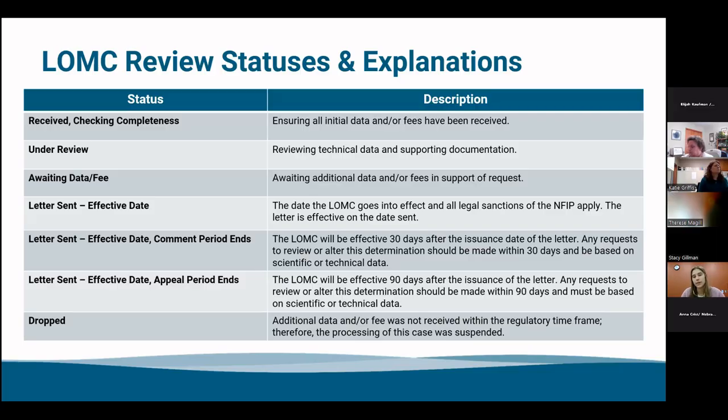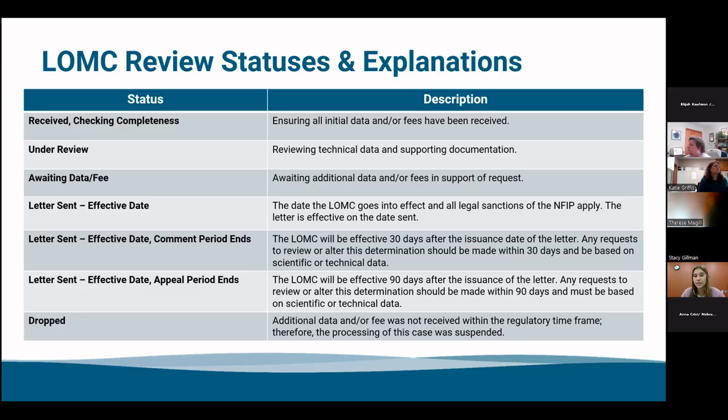Then it will move to being under review. So that will be when the technical data and supporting documentation for that map change is being reviewed. If they are requesting additional data or fees in support of that request, it will be under that awaiting data/fee status.